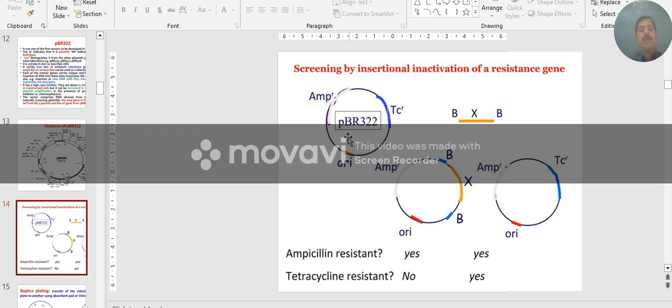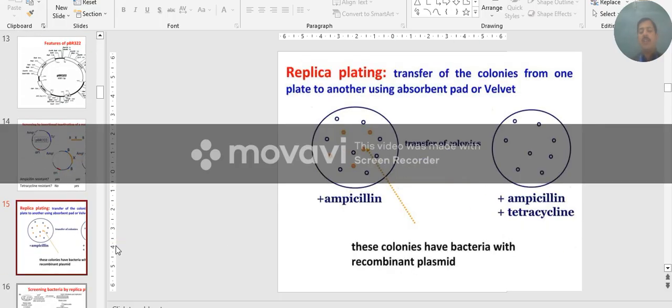As you can see in this picture, we have diagrammatically depicted how the ampicillin resistance gene and tetracycline resistance gene favor the selection of transformed vector molecules from non-transformed ones.